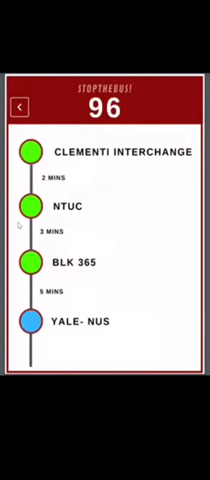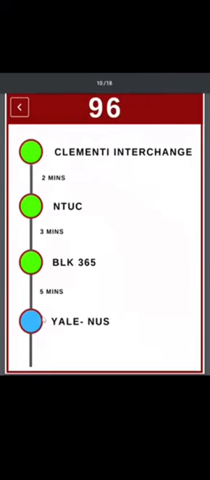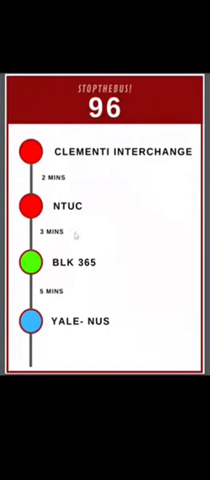Another feature of our app is that green shows that the bus has not reached this particular bus stop yet, and blue represents the bus stop that you want to stop at. As you can see, there's red, green, and blue.